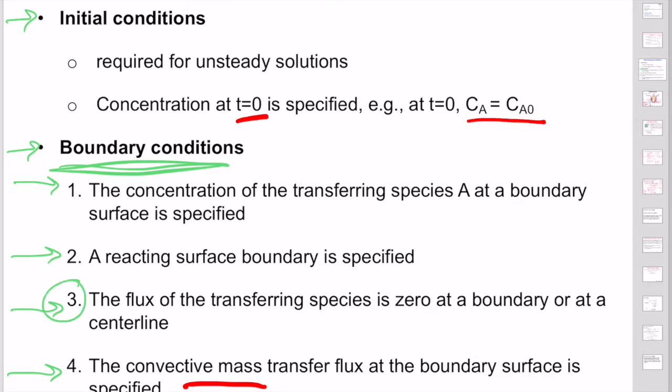Can I find places where things are standing still? Sometimes that's in the middle of something, and it kind of ties with symmetry. Can I find places where things are touching other things, and I know what's going on when they make contact? And can I find places where things are going in or coming out? So those are places where I usually look for boundary conditions. No, that's a great summary.